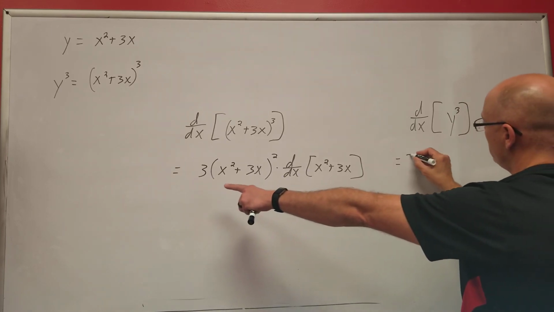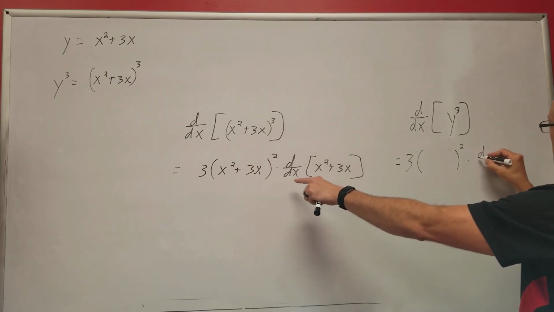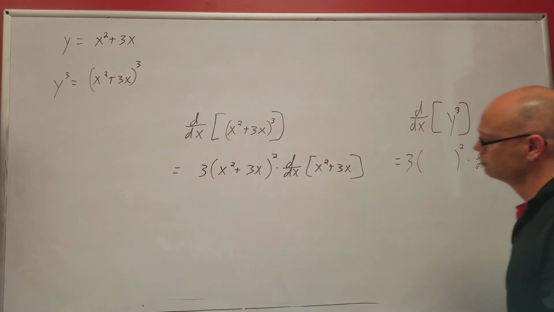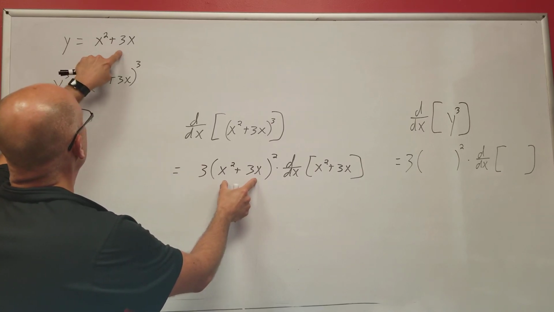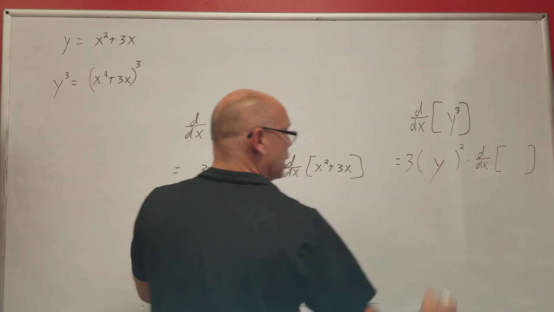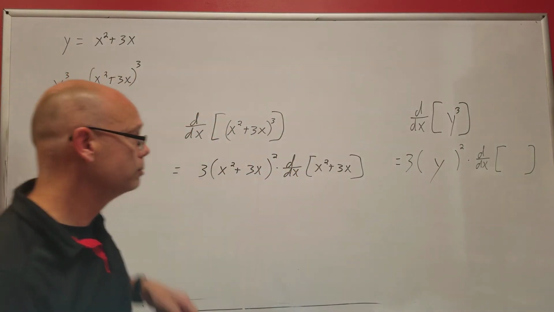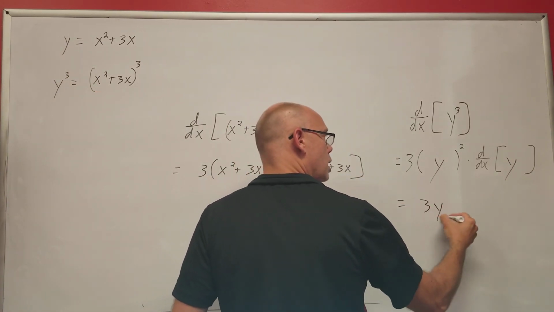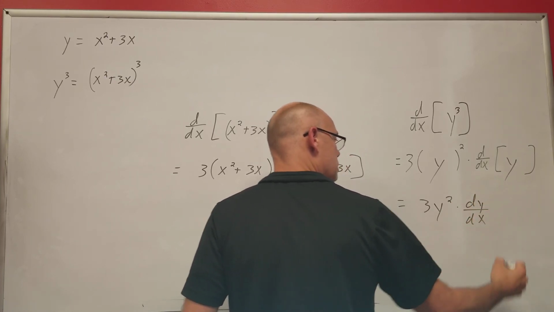We said it was 3 times this stuff squared times d over dx of this stuff. This part is also known as y, so that part gets a y, and this part is also y. So what do I get here? I get 3y squared times dy over dx.